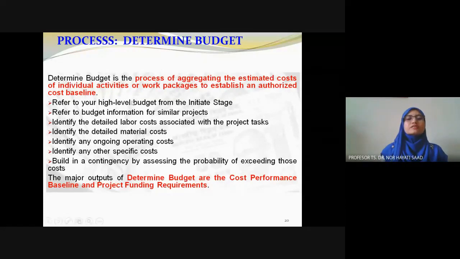First, refer to your high-level budget from the initiating stage, from the beginning. Number 2, refer to budget information for similar projects. That means historical data from projects we already closed, as recent as possible.